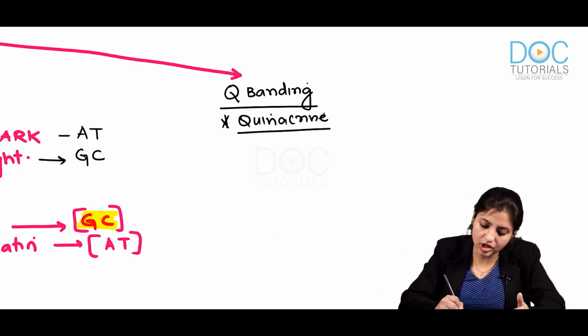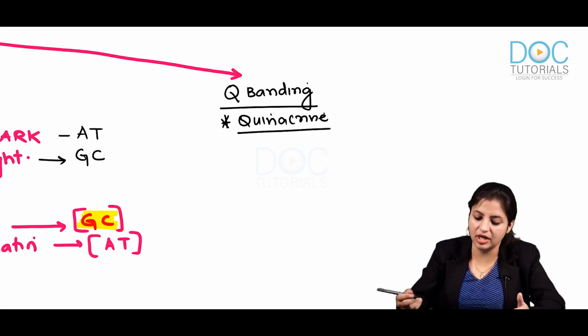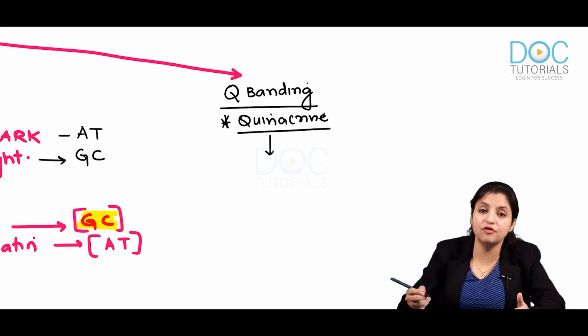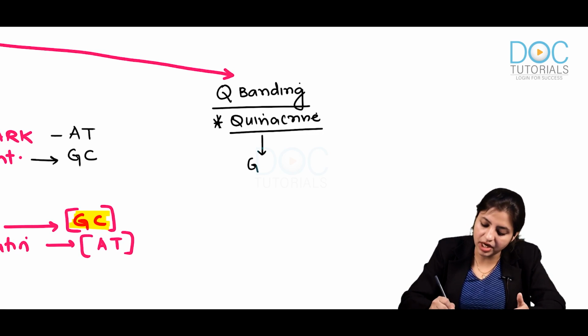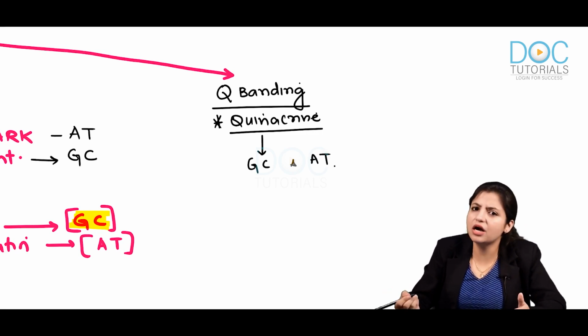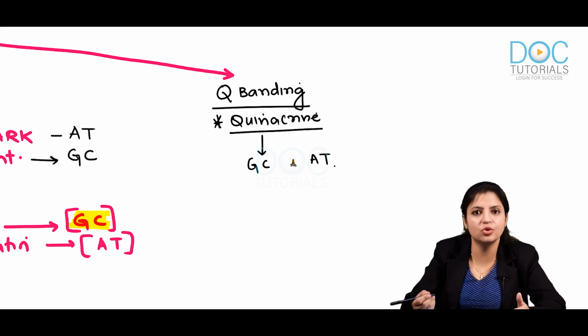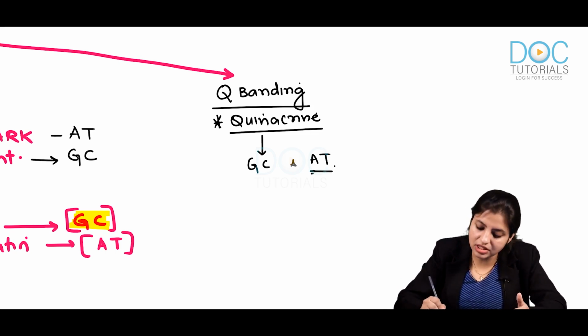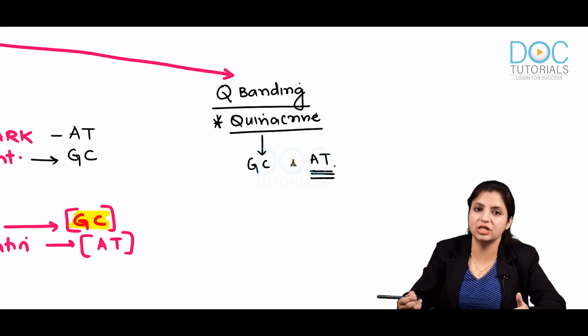Whenever I am talking about Q banding, remember quinacridone is a fluorescent dye which can bind to both GC and AT regions. But who is the dark region of the chromosome? Heterochromatin, isn't it? So this takes up fluorescence most intensely.